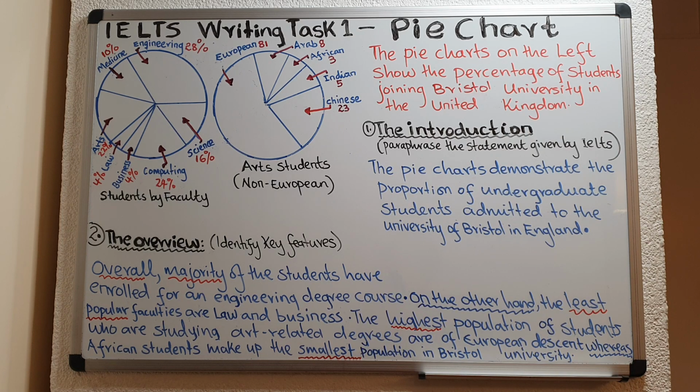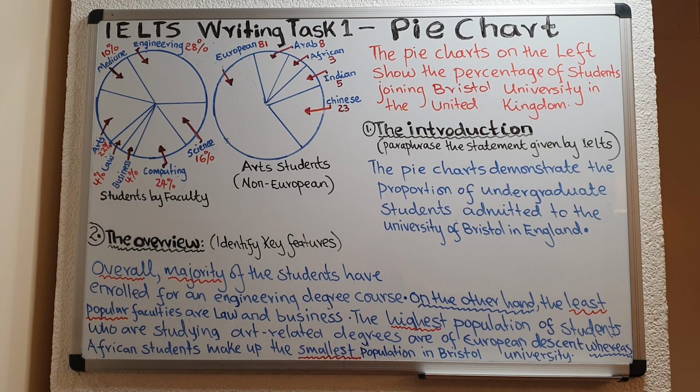Okay? Now, how do you do that? Let's do it together. We are going to do it by finding synonyms of the words that are in IELTS statement. Are you ready? Shall we start? Okay. Some words like pie charts will not change. A pie chart is a pie chart. So you are not expected to change that.